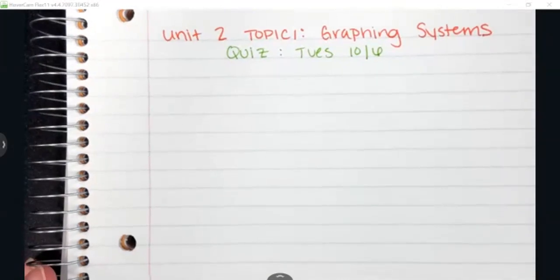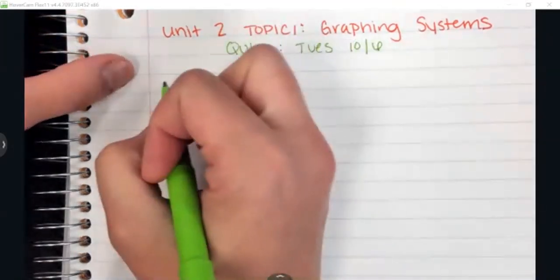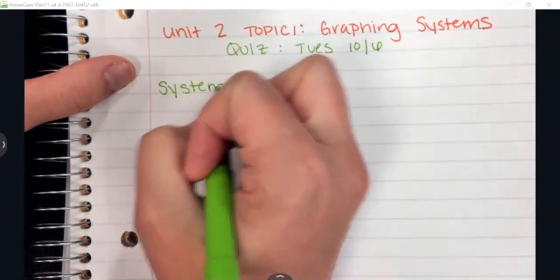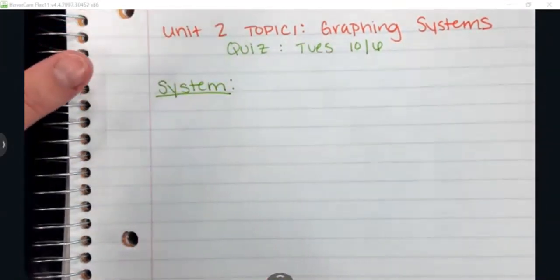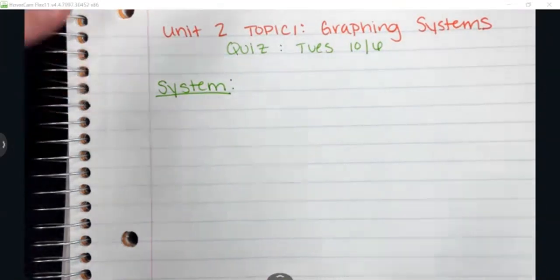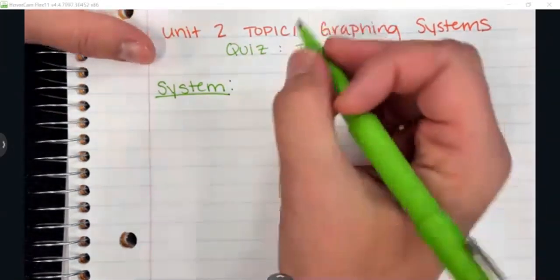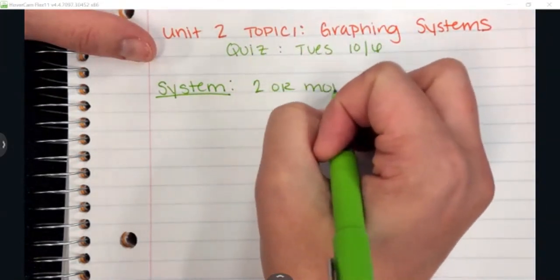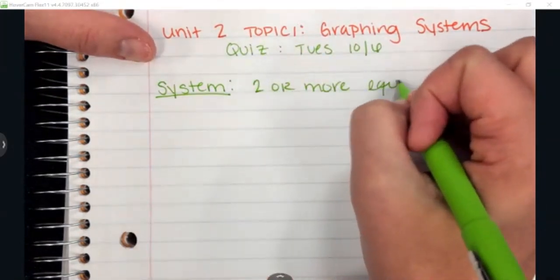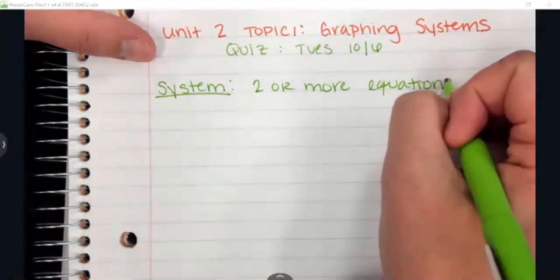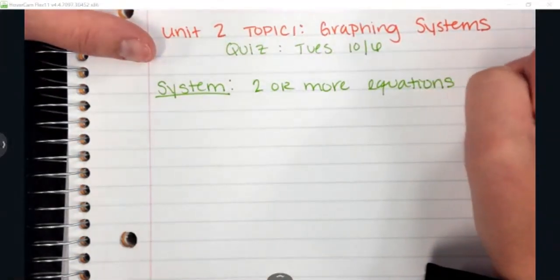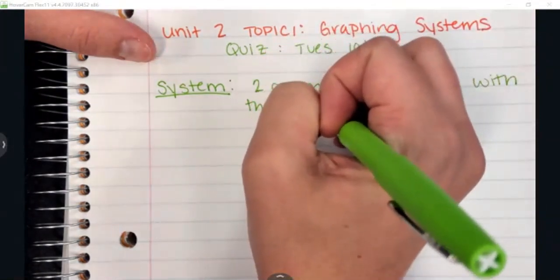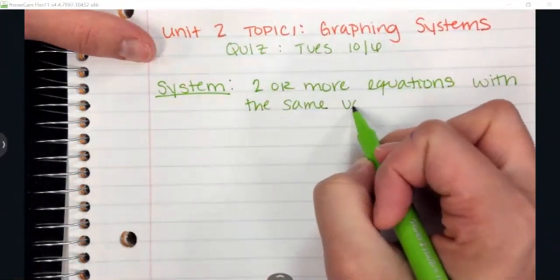So let's start with some vocabulary words. The first vocabulary word is the word system. What is a system? A system is 2 or more equations with the same variables.